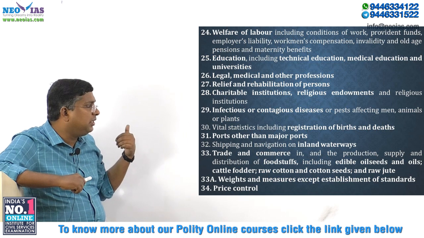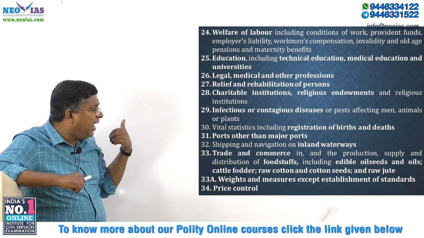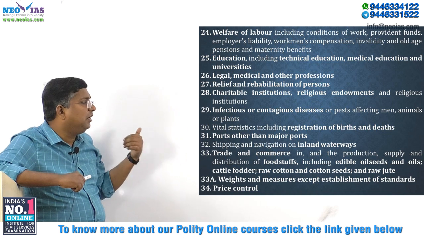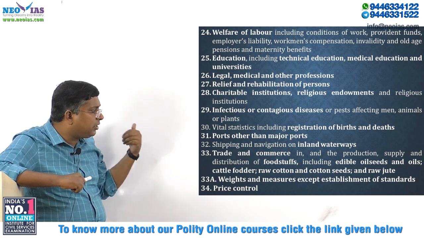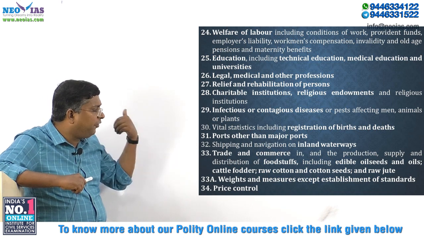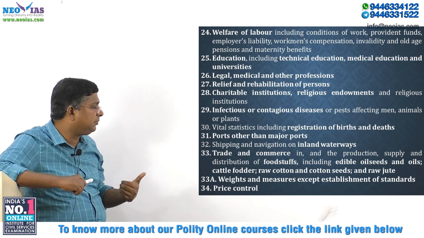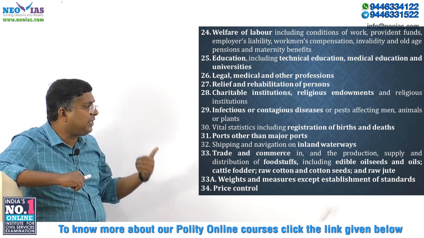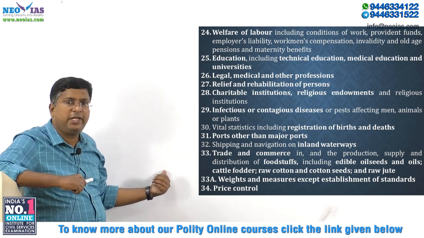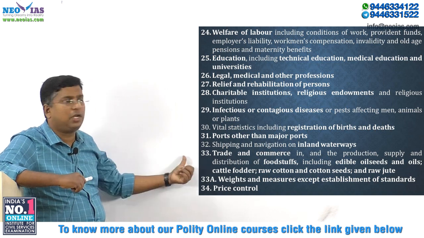Trade and commerce in relation to production, supply and distribution of foodstuffs. So trade and commerce in relation to foodstuffs, including edible oils, cattle fodder, raw cotton, cotton seeds, raw jute comes under the concurrent list. Weights and measures except establishment of standards. We know that weights and measures except establishment of standards was moved from the state list to the concurrent list.